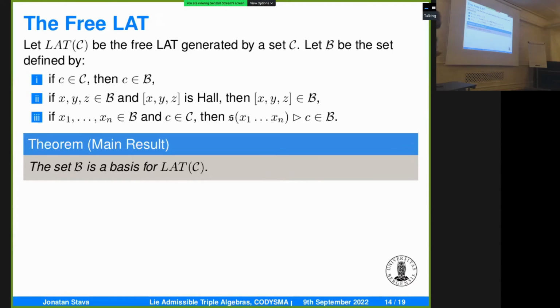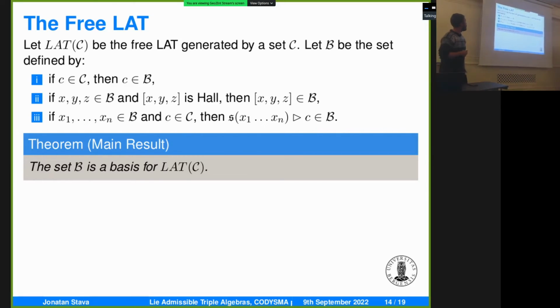So the main result I want to present here is that if you look at the free Lie admissible triple algebra over a set C, then you can generate a basis in this way. All the elements of C are inside your basis.